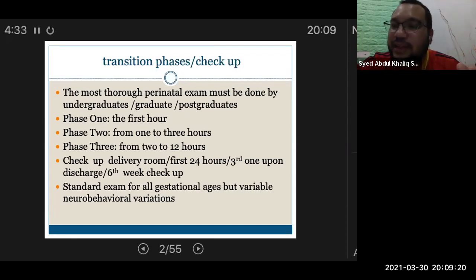Third is technique: whether the way you percuss is correct or not, the way you measure things is correct or not, how you feel, how you auscultate, how you do things. The fourth is whether you know what is normal, whether you know this is a normal finding. And fifth, only then do we look at whether you are able to identify a positive finding.